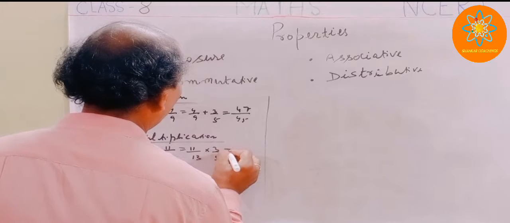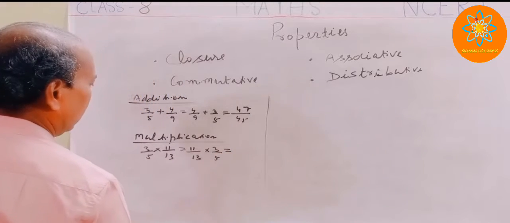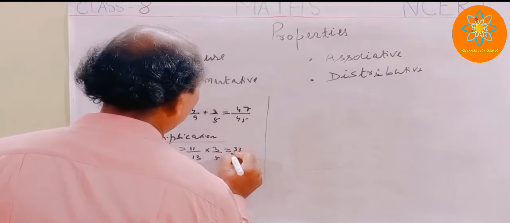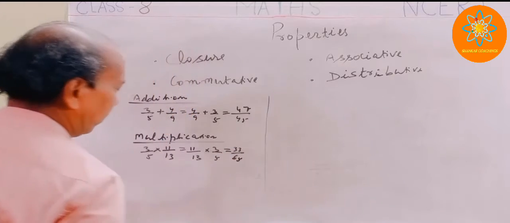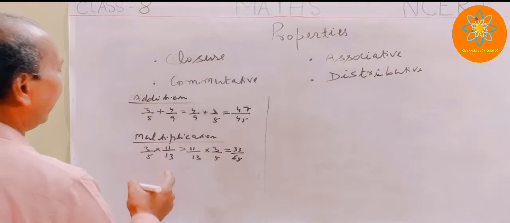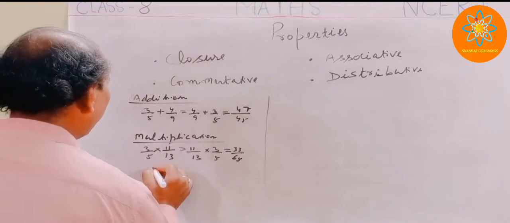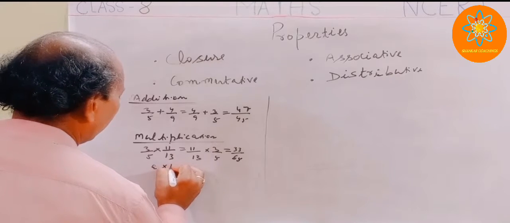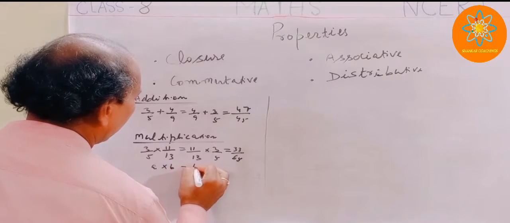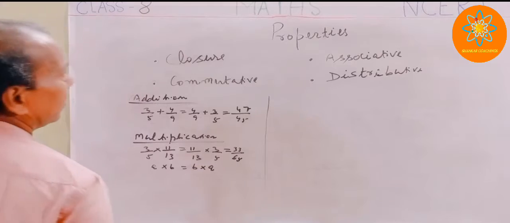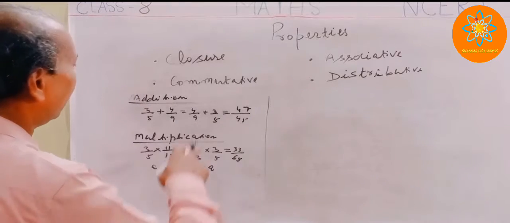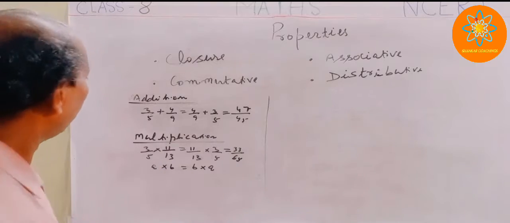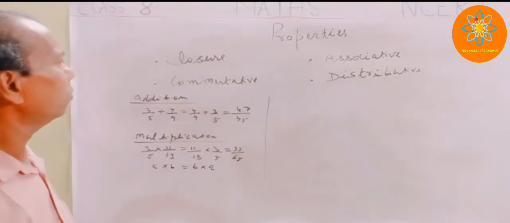So that is equal to 33 divided by 65. So we can say that in the multiplication case, A cross B is equal to B cross A, and hence the commutative property in the case of multiplication is true.